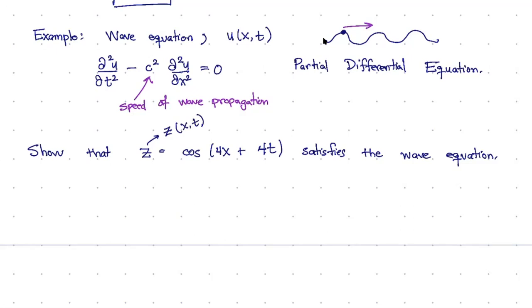So I would need to take the second partial of z with respect to t, which requires me to take the first partial. So the first partial of z with respect to t. Now, I know these functions can be a little bit unnerving to deal with, but you have to break them down into their parts. So you have the outer function, the cosine. Let me write that in for you.